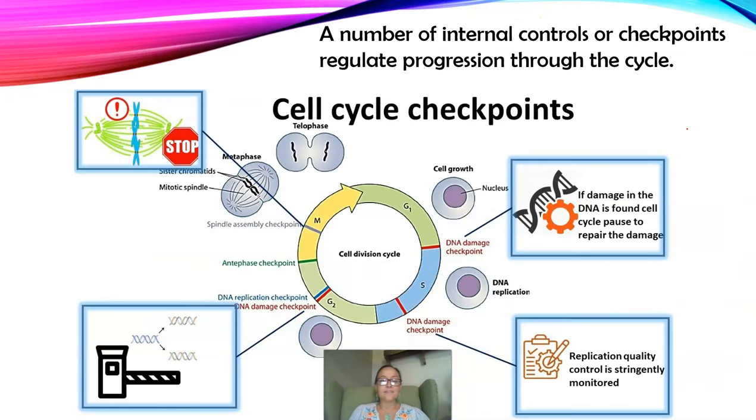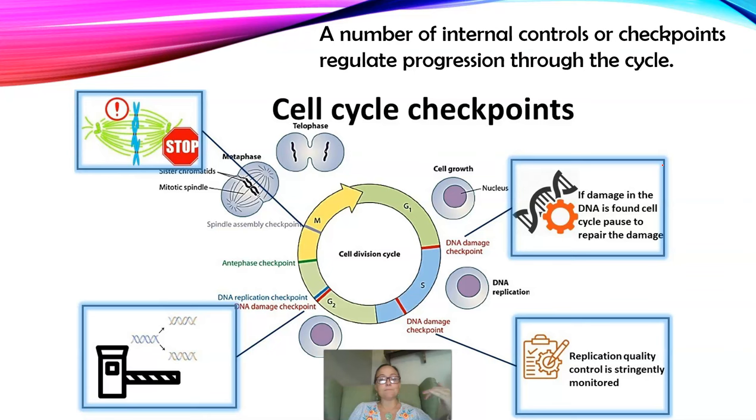Okay. And then there are checkpoints in the cell cycle to regulate this cell division to ensure that our cell cycle divides only healthy cells, right? So at the G1 checkpoint, that is to ensure that the cell's DNA is healthy and intact. So we're only replicating healthy DNA and healthy cells.